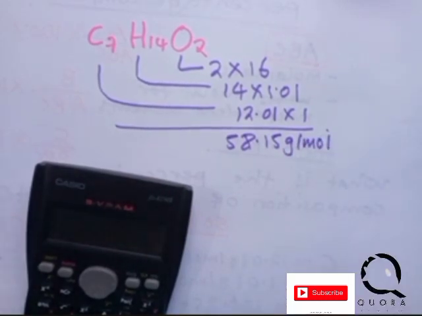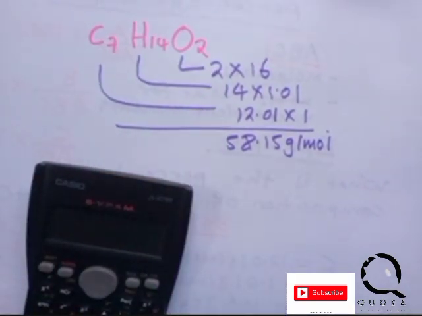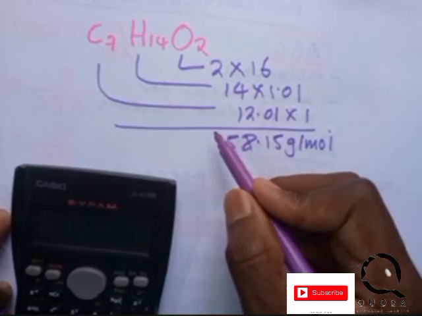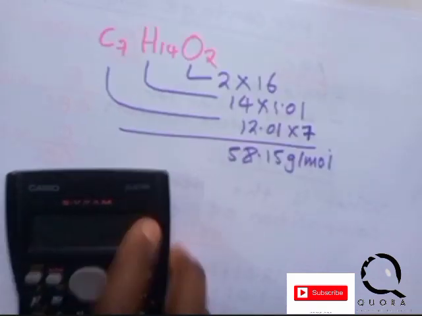So if you want to move from the empirical formula to the molecular formula, you need to know that for carbon, is that 1 or 7? Oh, sorry. We made a mistake here. Okay, we make a correction. This has to be 7. Thank you very much for your correction.